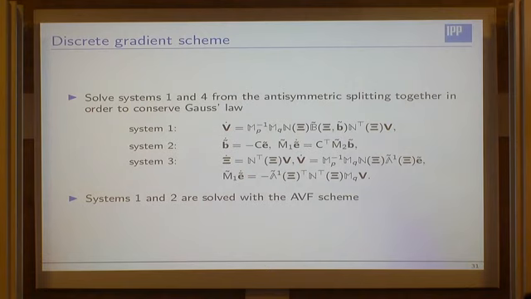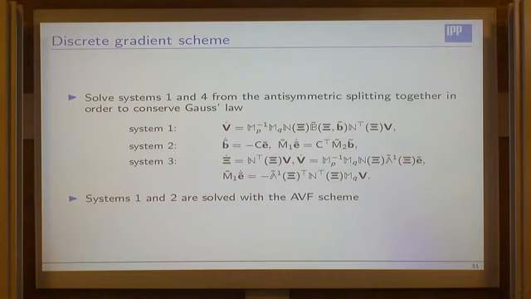Now, what you do is, on the first level, when you do the splitting, you have to change the splitting and keep the update of position together with the force system. So the update of velocity and the source term in Ampere's law. So that's important, that the source term has an update in the same way as the position update.